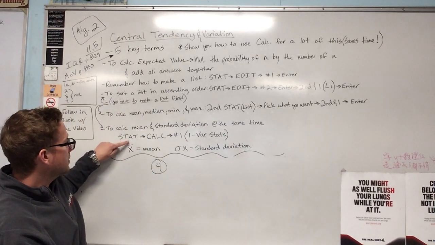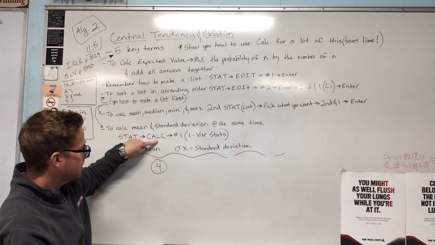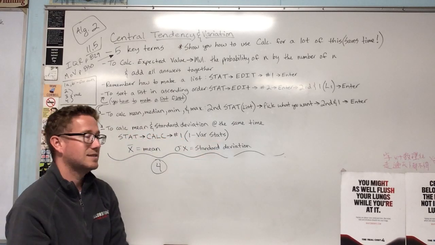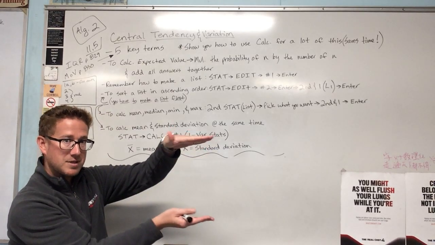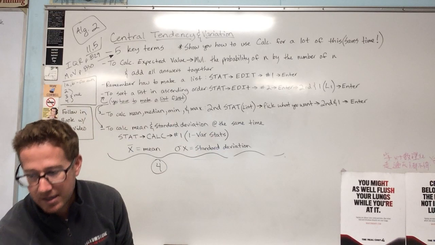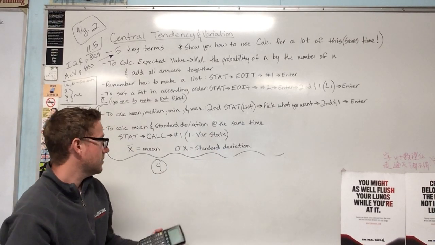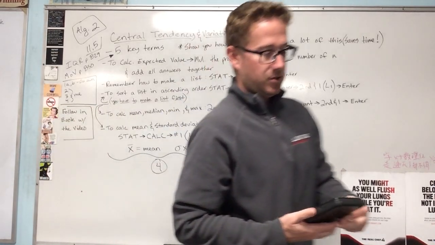So what you're going to do is go to Stat, then to Calculate, and then to the number 1, which is 1-var stats. What you are then going to get is a whole little populated list. All right? Now, it's a little bit difficult for me to just put the calculator up and show you the exact numbers, but I'll just show you again.